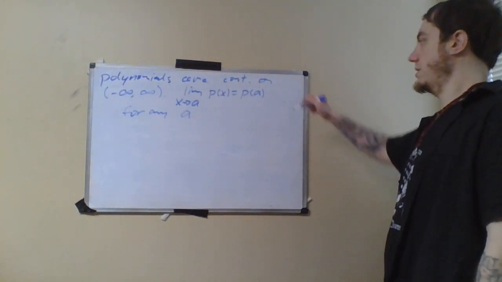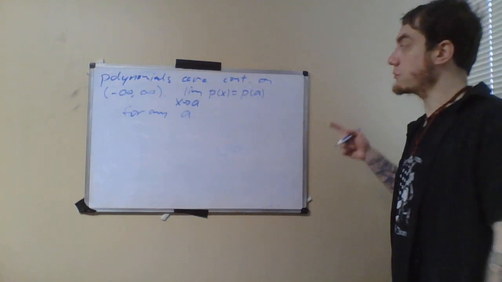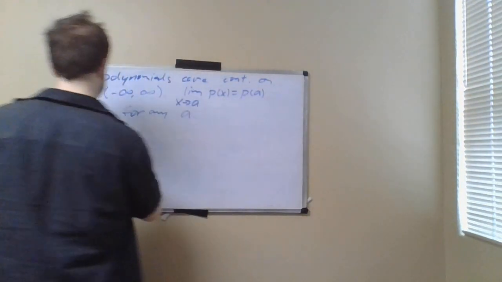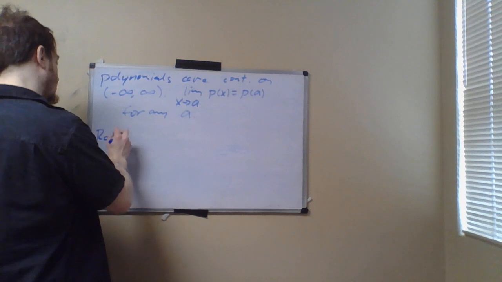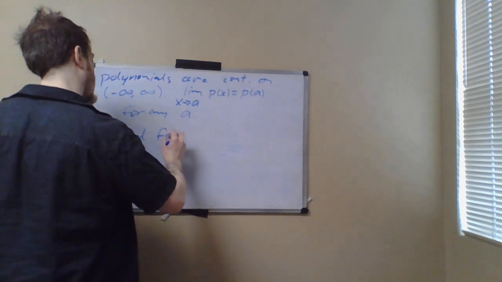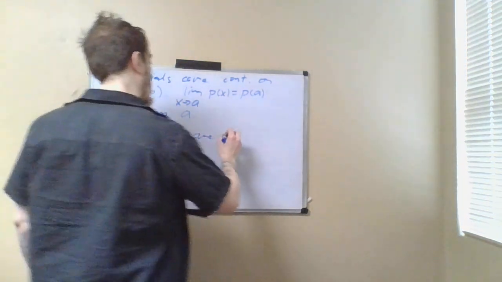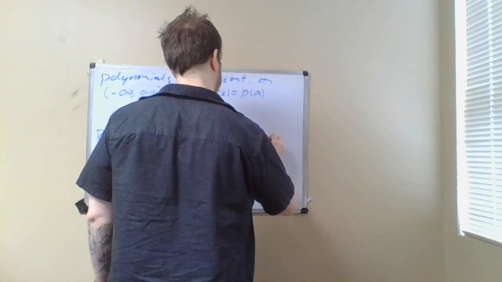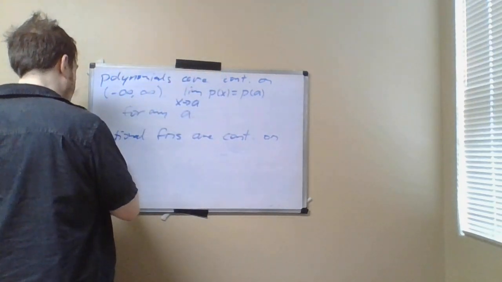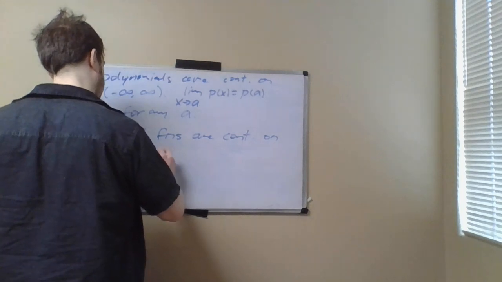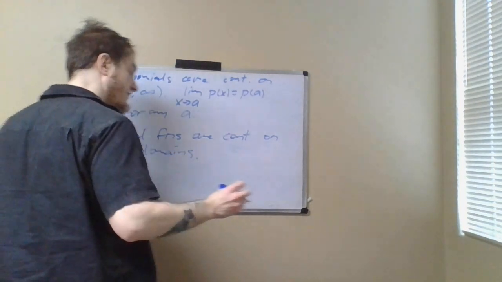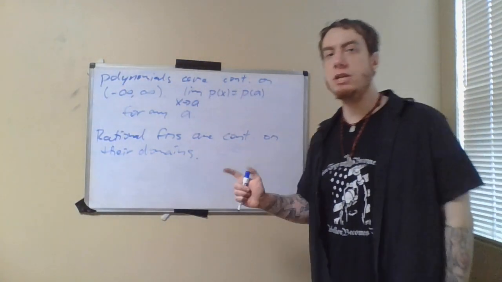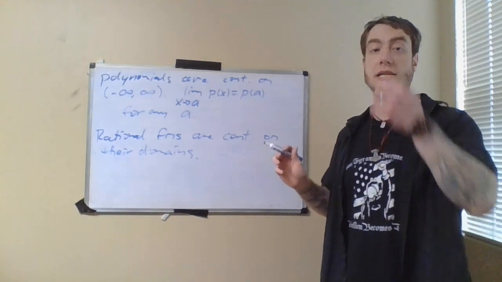So, polynomials are continuous on the entire real number line. We can also say that rational functions are continuous on their domains. Now, one thing to notice, a function can only be continuous on its domain.